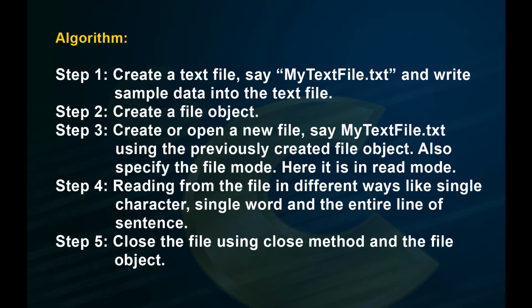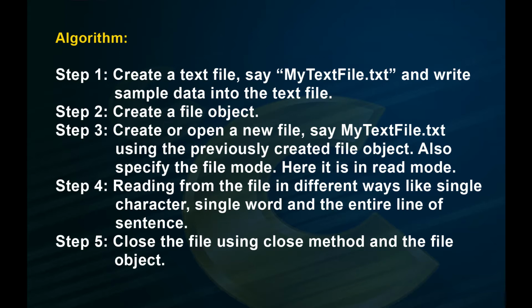The basic steps followed by the program are pointed out in the algorithm. Step 1, create a text file, say mytextfile.txt, and write sample data into the text file. Step 2, create a file object. Step 3, open the file mytextfile.txt using the previously created file object.